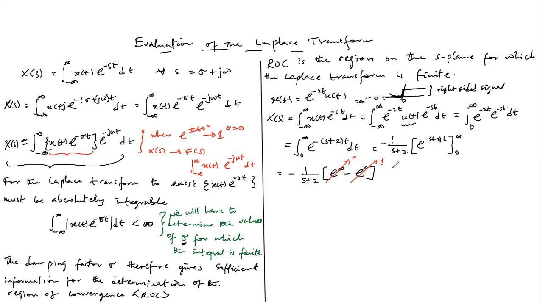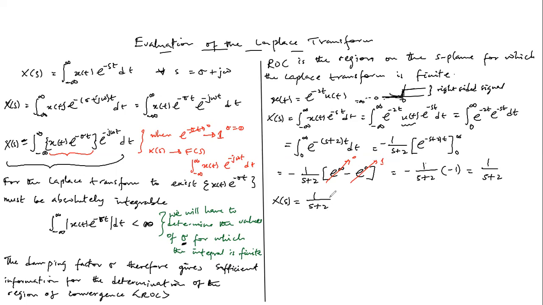So what we have is minus 1 over s plus 2 times minus 1, equal to 1 over s plus 2. Now, the Laplace transform in this case is 1 over s plus 2.